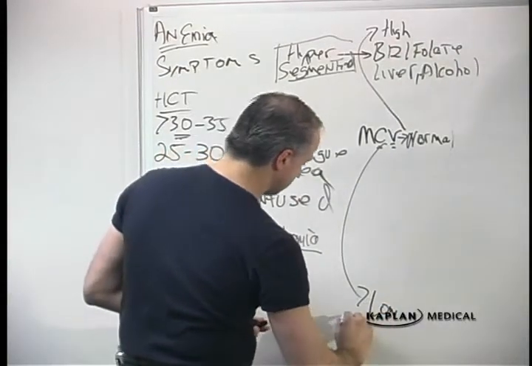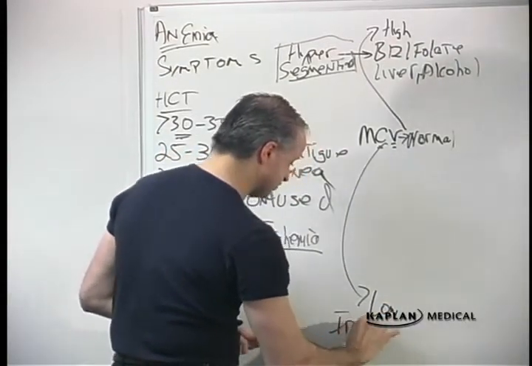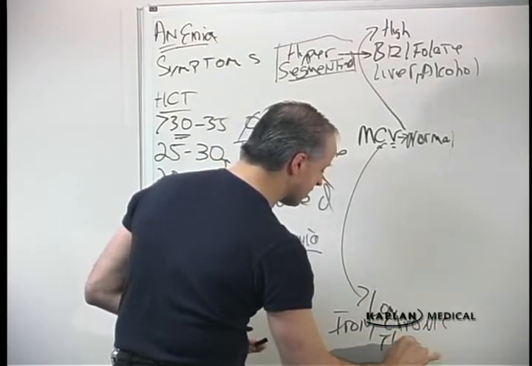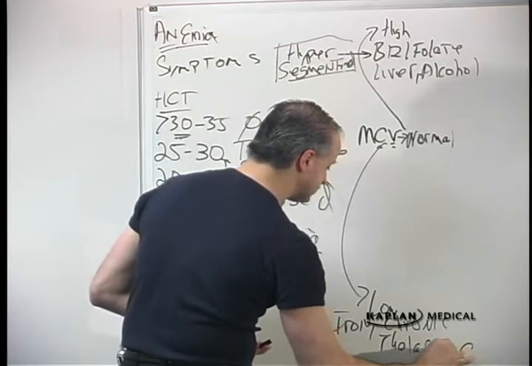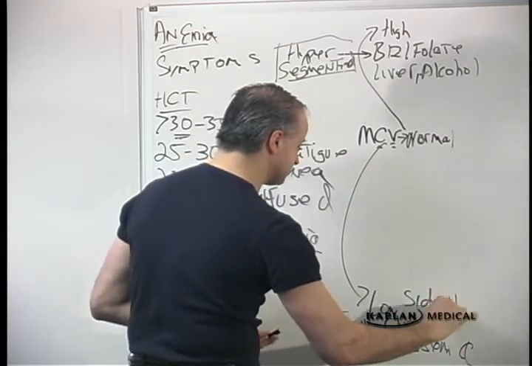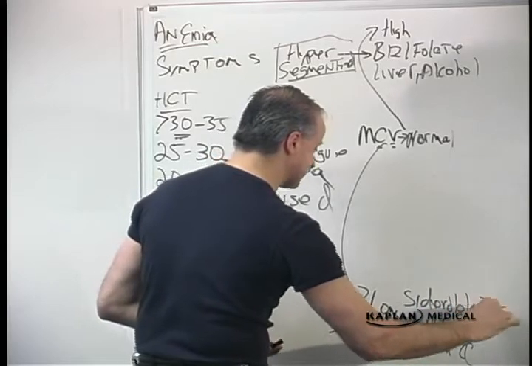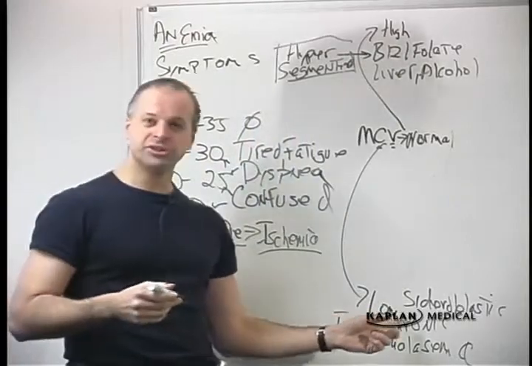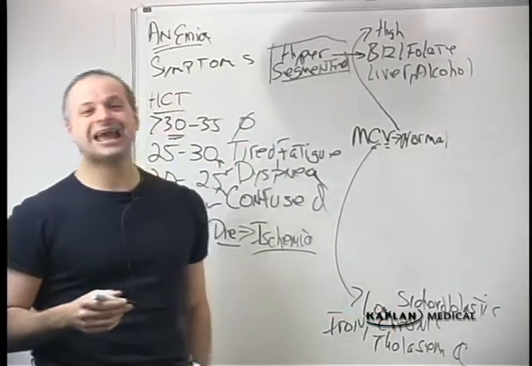Low MCV anemias is iron deficiency, anemia of chronic disease, thalassemia, and sideroblastic anemia. Low MCV anemia: sideroblastic, anemia of chronic disease, thalassemia. Now, the anemia of chronic disease can be both microcytic and normocytic.